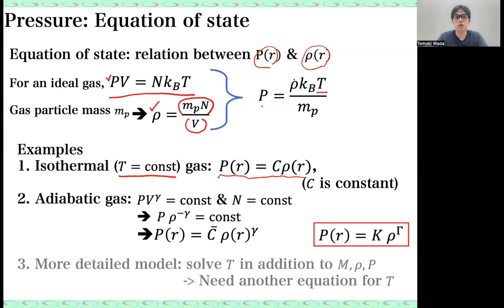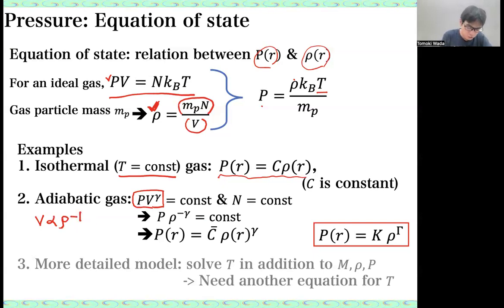The second option is considering adiabatic gas. In an adiabatic process for an ideal gas, this combination is constant. Here, gamma is the adiabatic index. And for this gas, using this equation, we can derive that V is proportional to rho to the power of minus 1.